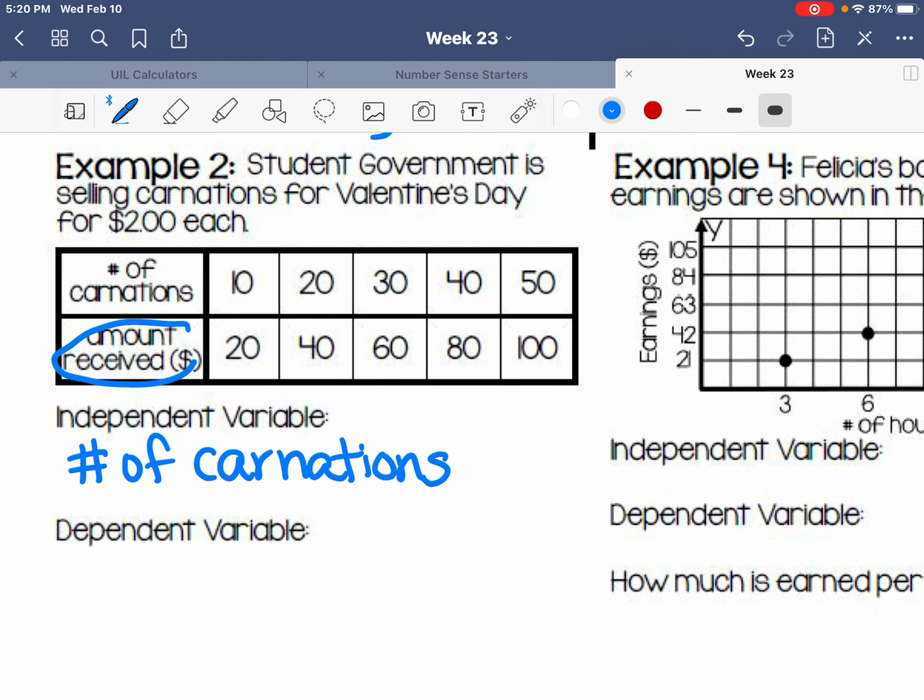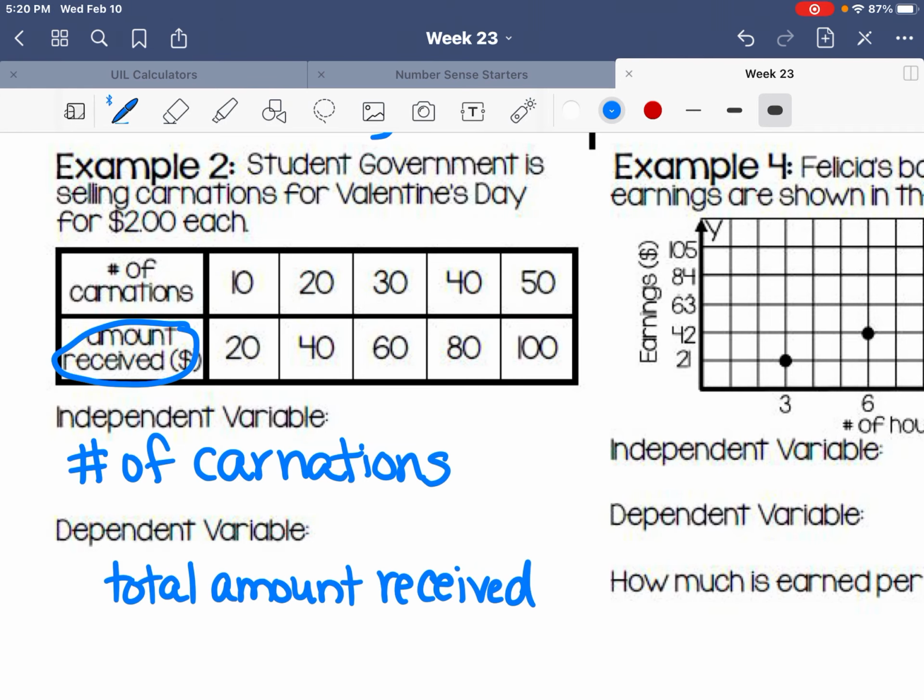The dependent variable is always on the bottom, so that tells me that the total amount received is the dependent variable. It's really that easy.